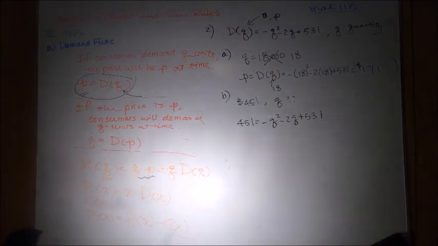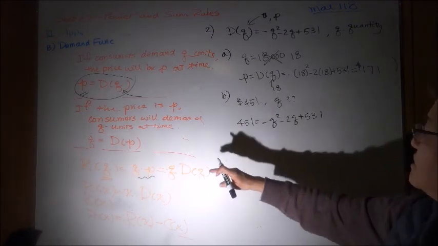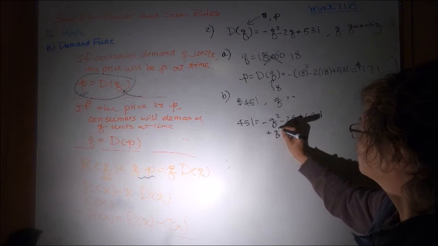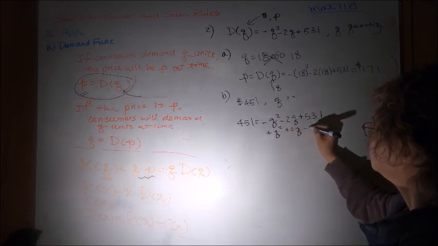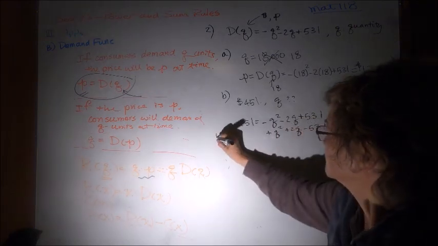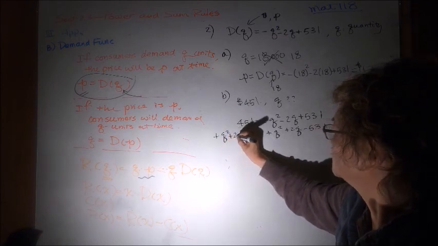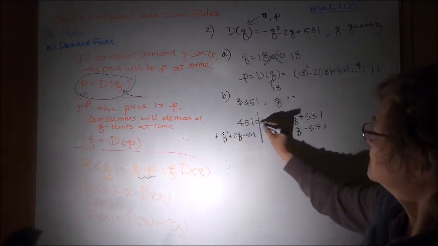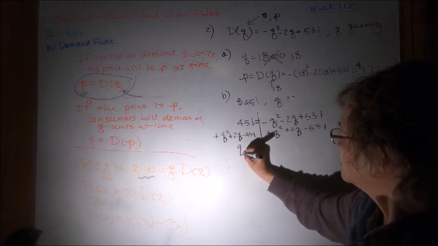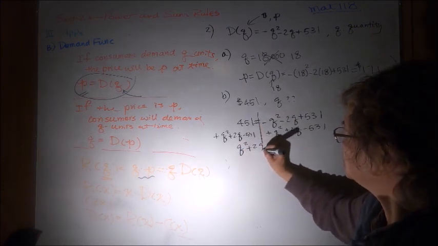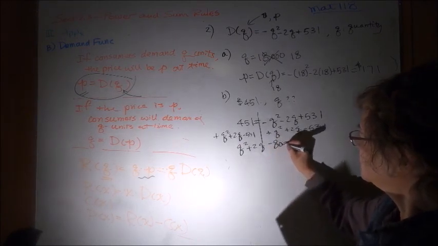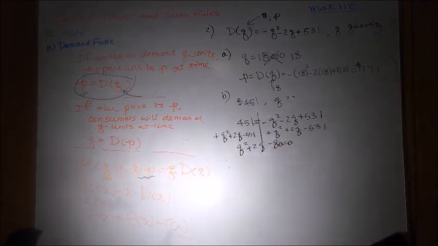So we move everything to the left-hand side and write in standard form. You do it on both sides. Okay, so what do we have? Q squared plus 2Q minus 80 equals 0. Then you do your factoring.